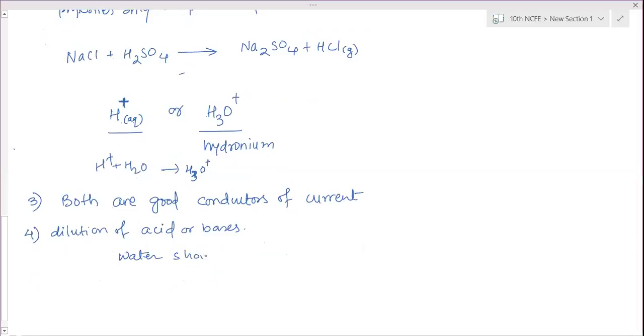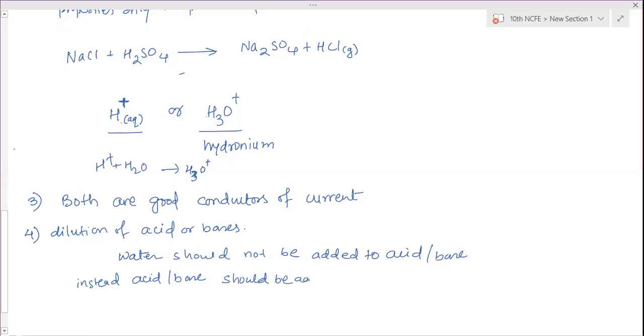We have to pour small quantities of acid or base into water slowly, drop by drop, with continuous stirring. The acid or base should be added to water slowly by continuous stirring.